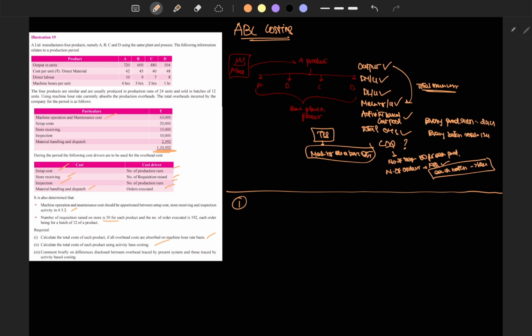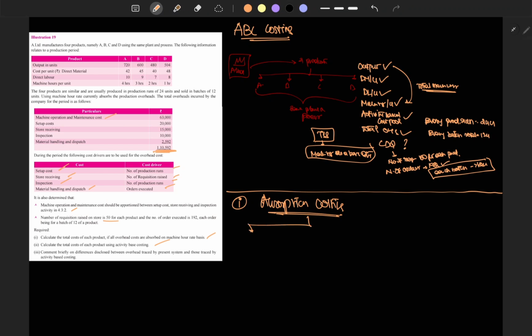Okay, first question, which is absorption costing. Here, since all those products are using one department, we are going to prepare for only one department, right?